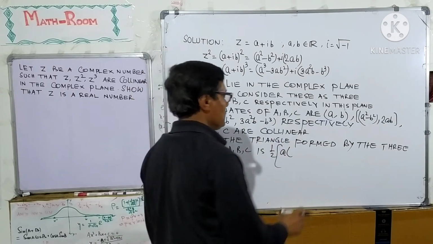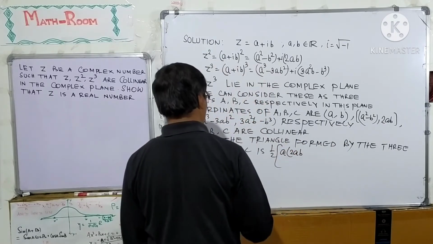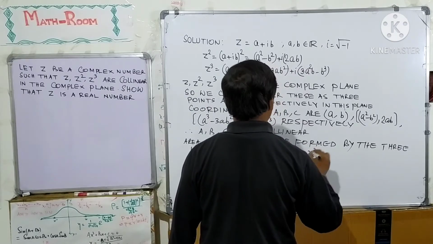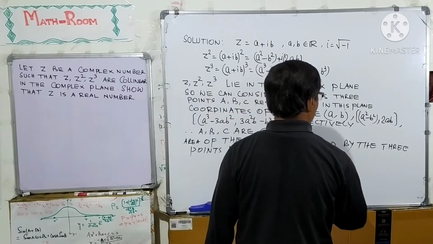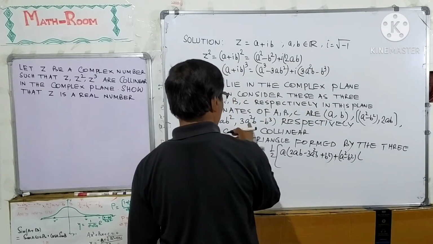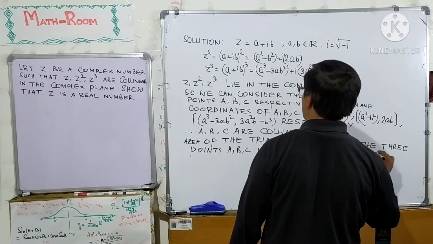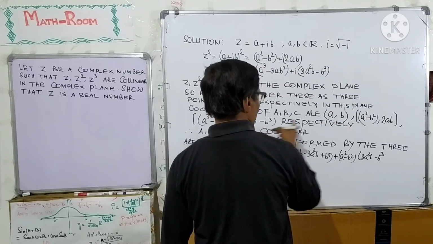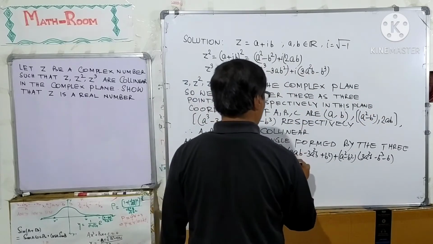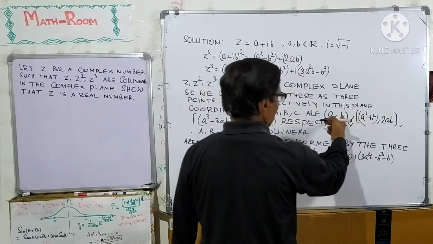So the area of this triangle is x1 into (y2 minus y3), that is a into (2ab minus 3a square b plus b cube), plus x2, a square minus b square, into (y3 minus y1), y3 being 3a square b minus b cube, y3 minus y1 is 3a square b minus b cube minus b, plus x3, a cube minus 3ab square, into (y1 minus y2), that is b minus 2ab.